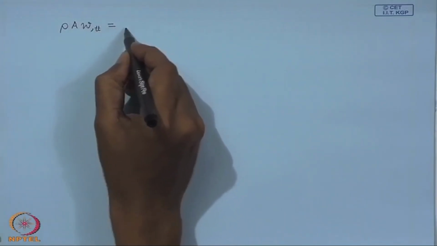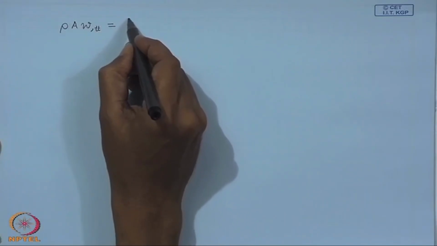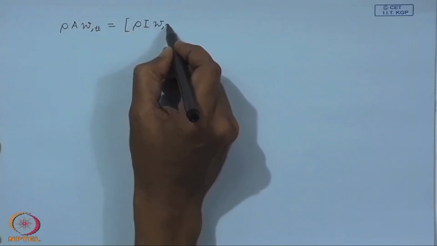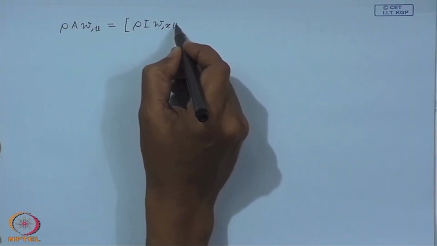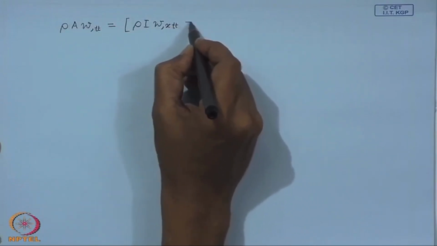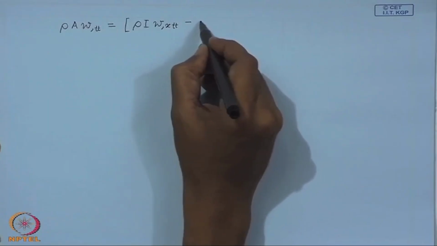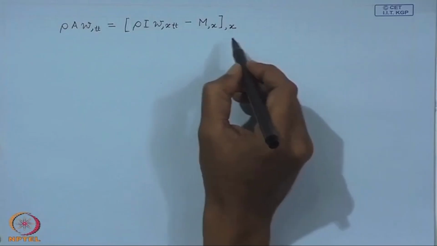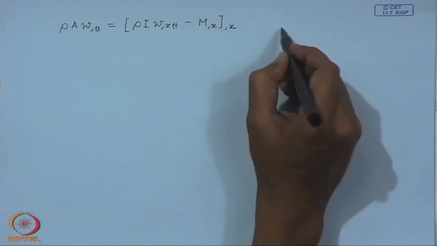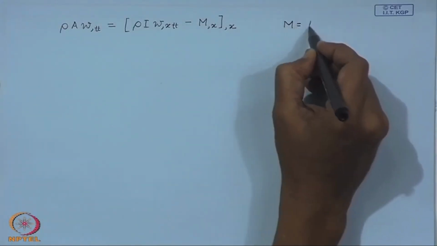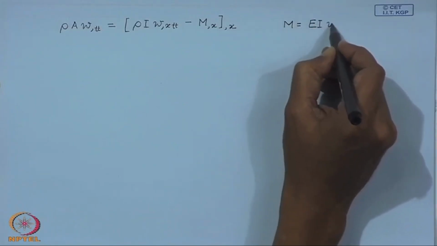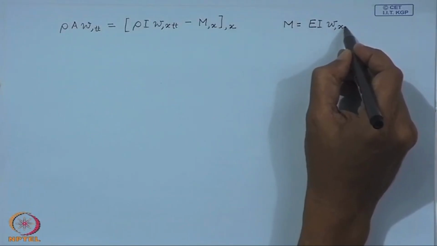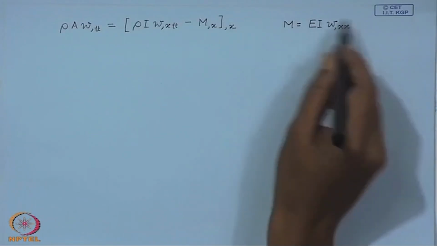so this was del V del x. So, this is, and moment, the bending moment we have determined this.